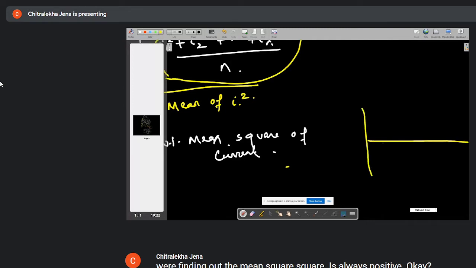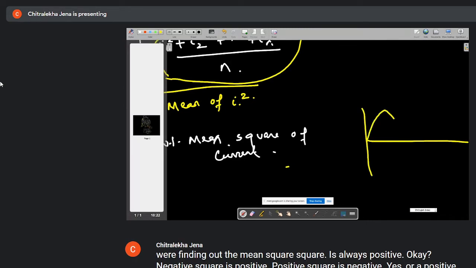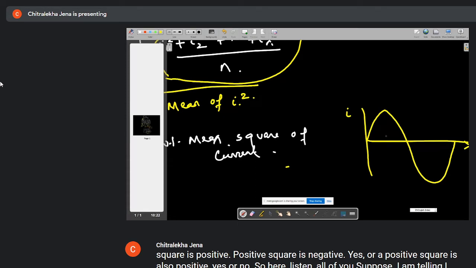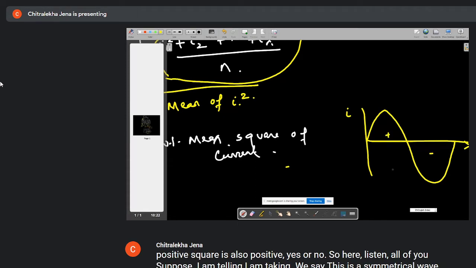Listen all of you. Suppose I am taking this symmetrical wave, this is your I. When you take the average value, it is equal to 0 because the positive and negative values are equal.